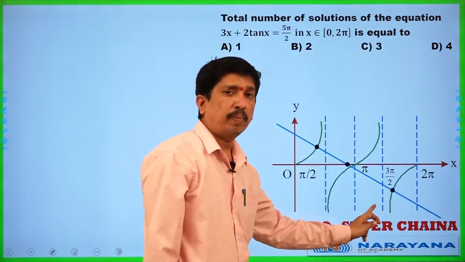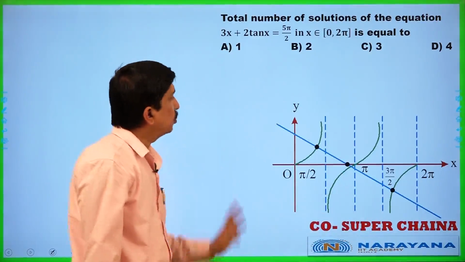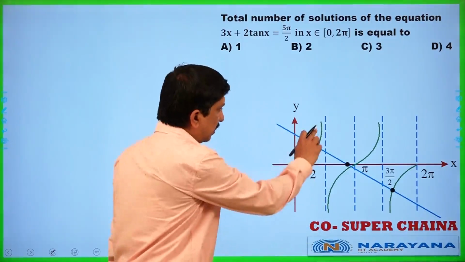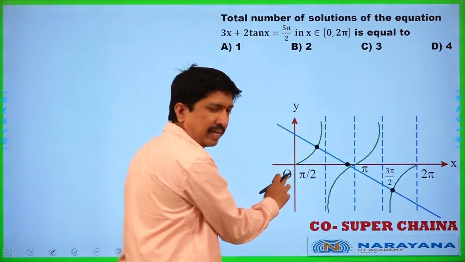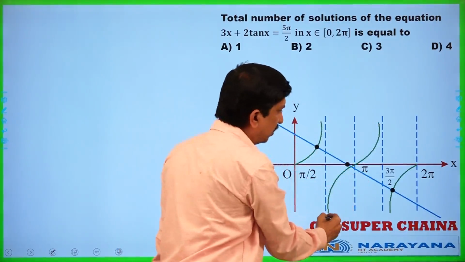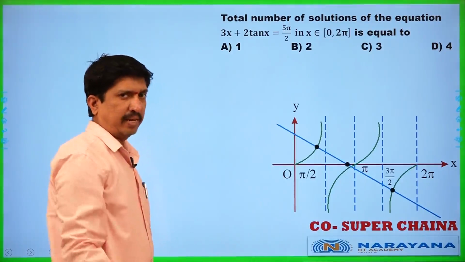At odd multiples of pi by 2, tan x is not defined. Now, tan 0 is 0, so here you get the green curve like that, and also here you get like this. This is the standard graph of tan x.